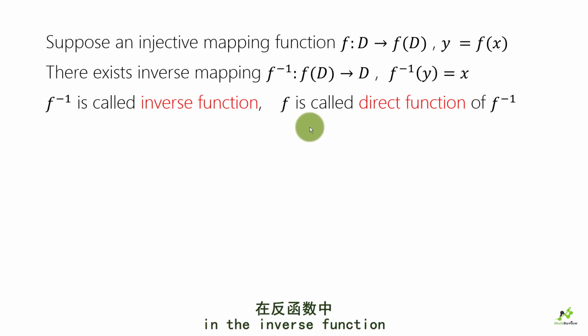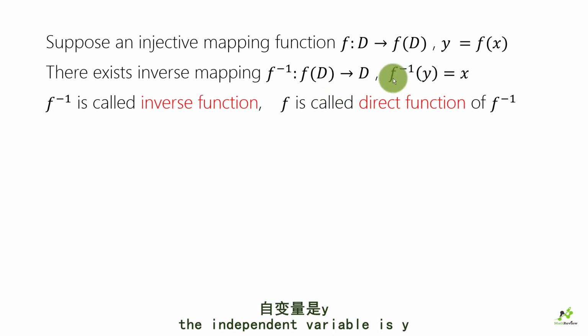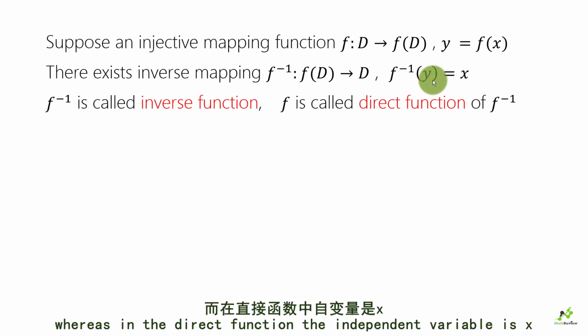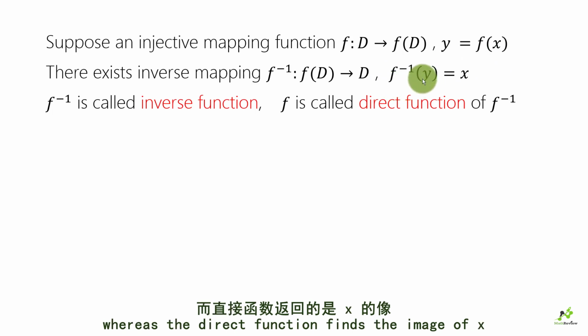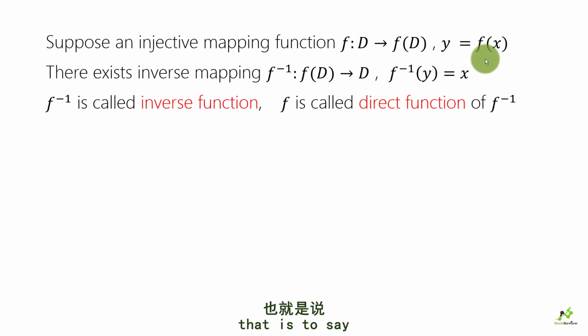Notice that in the inverse function, the independent variable is y, whereas in the direct function, the independent variable is x. The inverse function finds the inverse image of y, whereas the direct function finds the image of x.